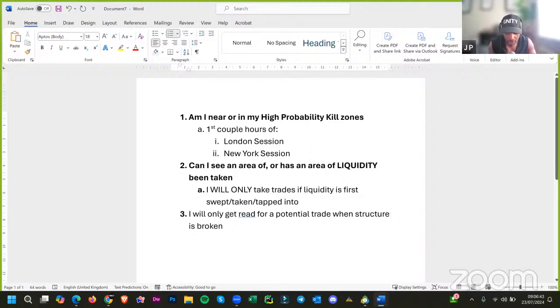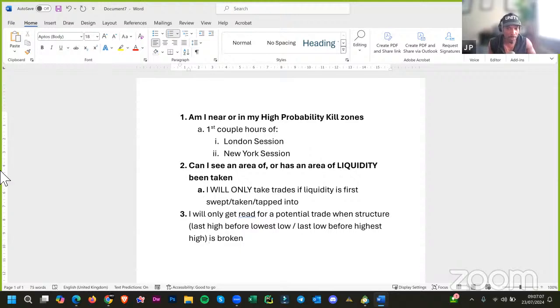Structure meaning last high before lowest low, or last low before highest high is broken. All right.